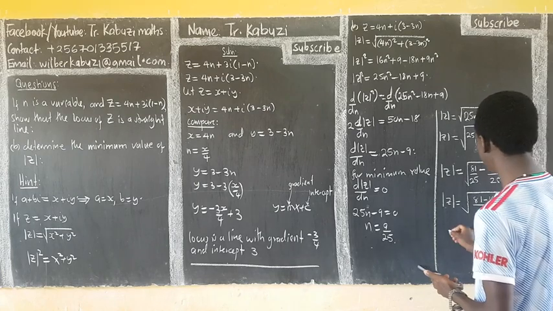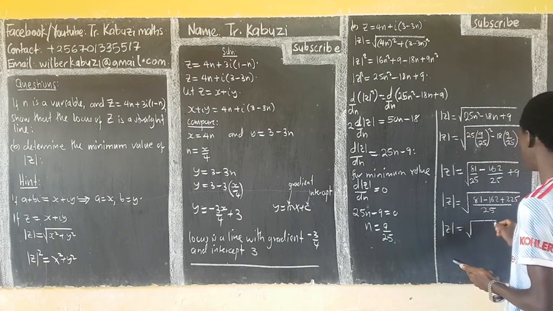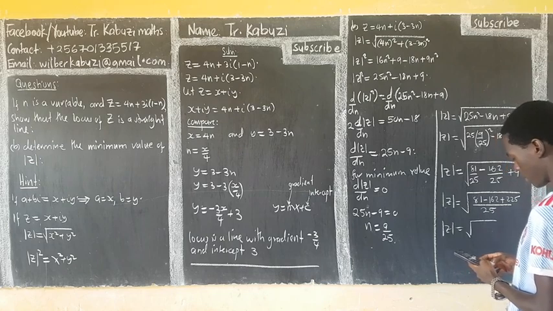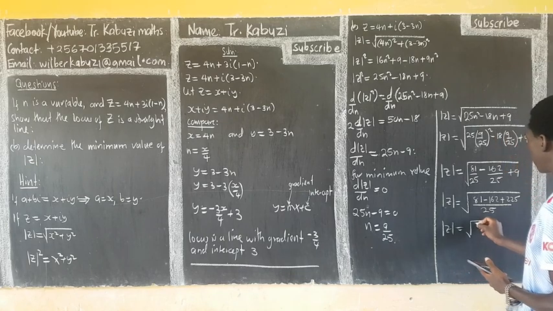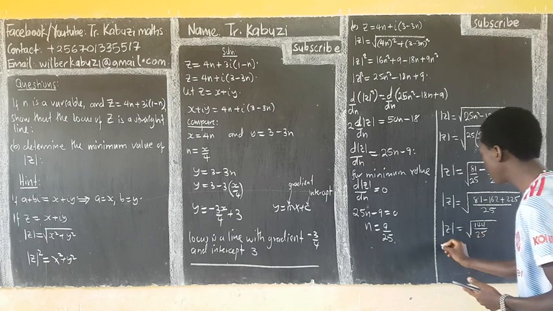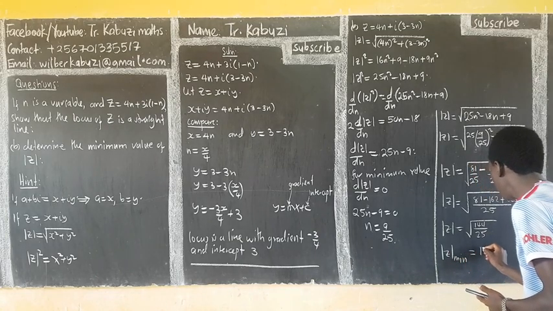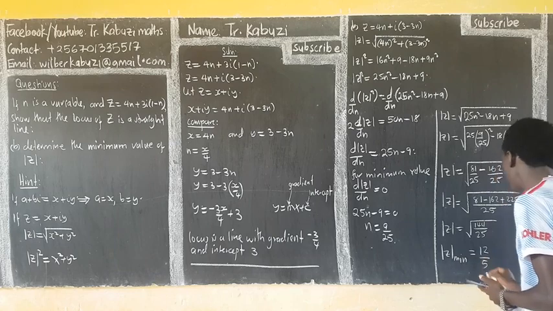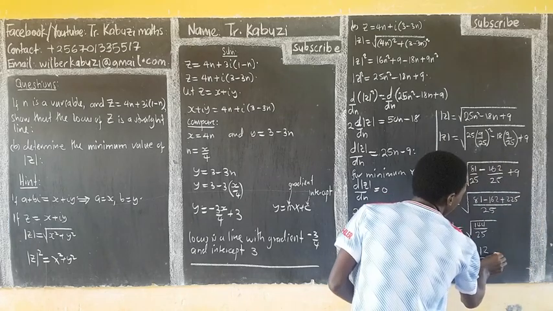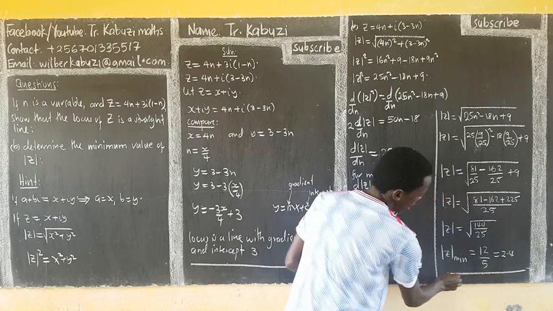Then when I simplify, it becomes the square root of 144 over 25. And so the minimum value of modulus z is going to be 12 over 5, which gives us 2.4. That is going to be our minimum value.